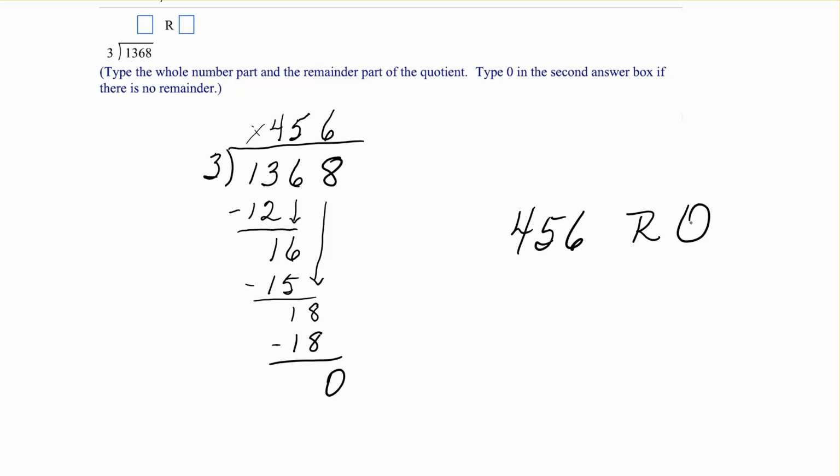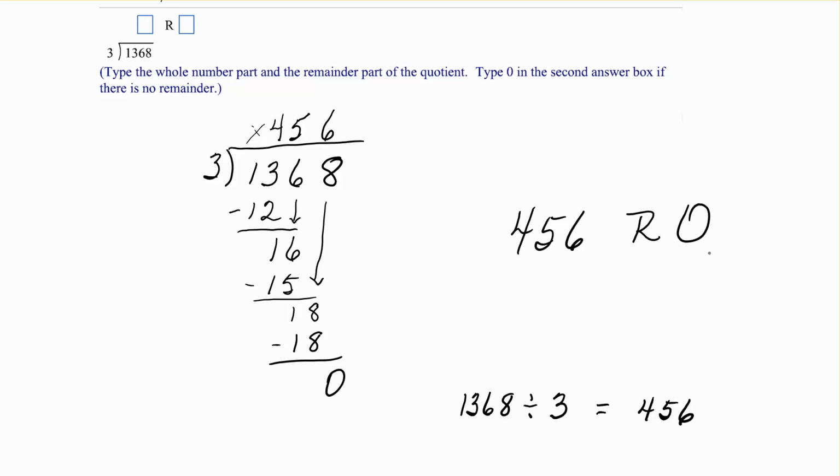I put in 1368 divided by 3 on a calculator, and it comes in exactly 456. So I will show in another video sometime how to use a calculator to get the remainder if there is one, because the calculator is going to switch into decimal mode, and that's very different.